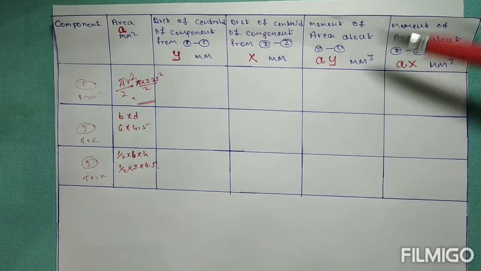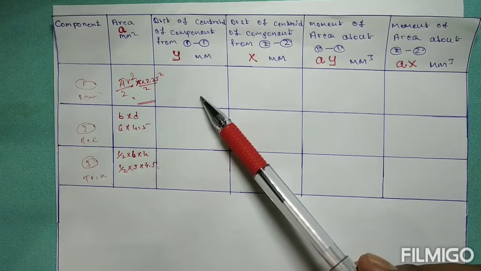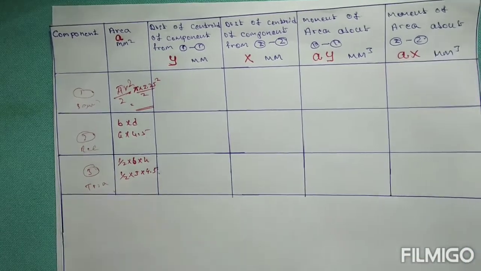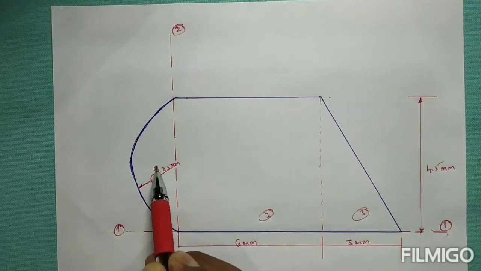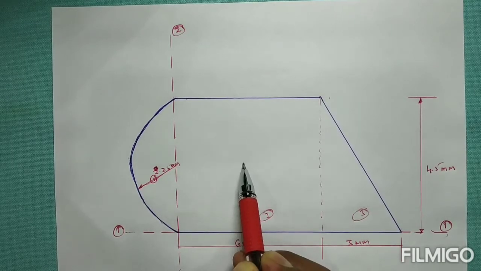Next is the distance of the centroid of each component from 1-1, that is y. First you have to mark the CG of each component. This is a semicircle, so the CG will be exactly here. Next the rectangular section, the CG will be exactly here.